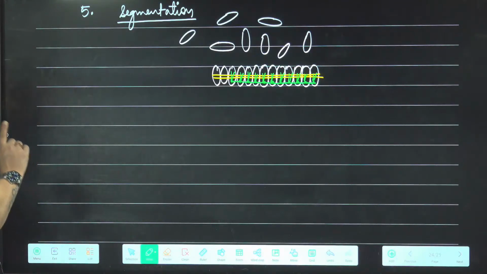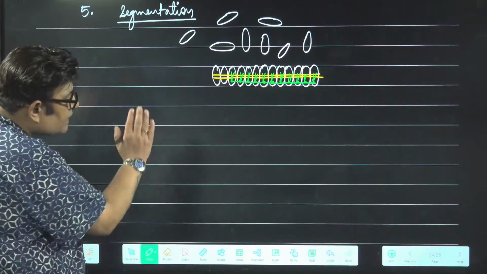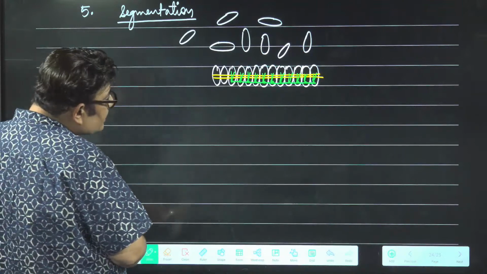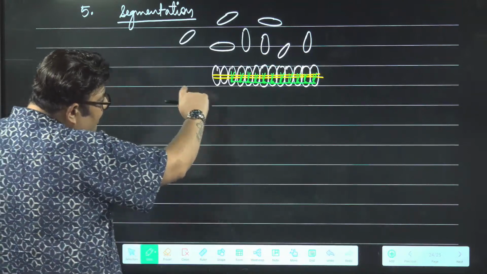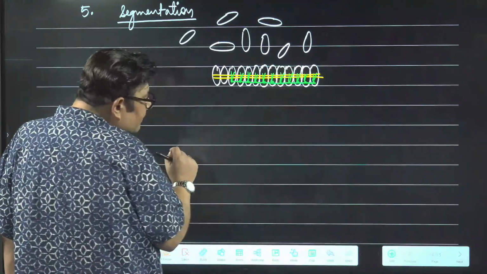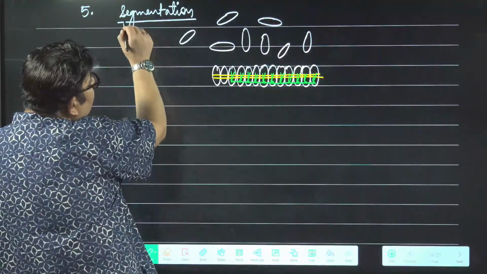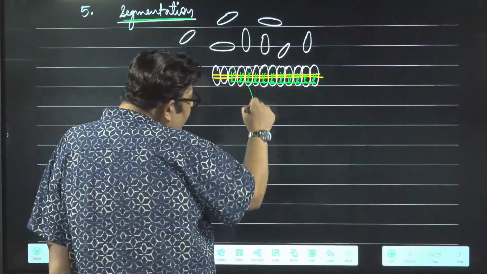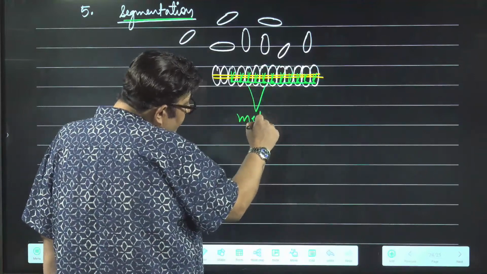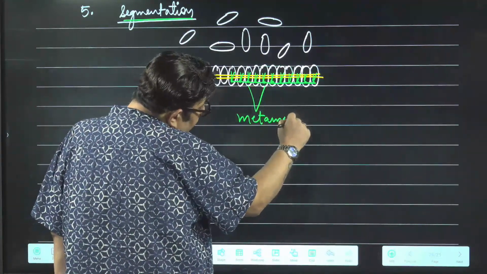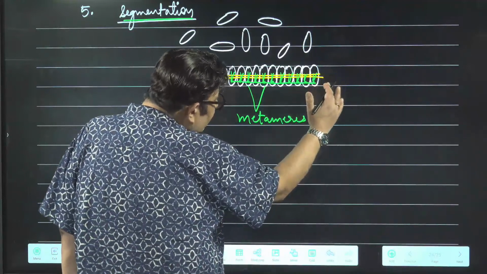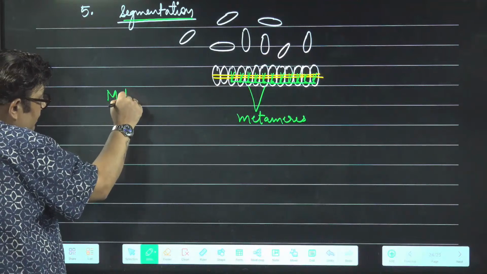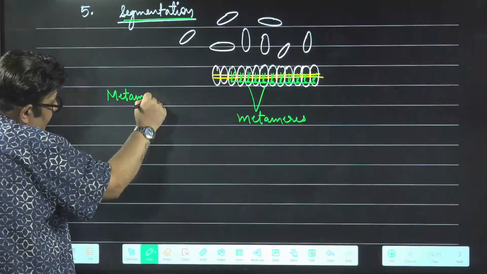Listen to my words very carefully. At least one, more than one definitely, but at least one, then we can say that. And they are segmented outside as well as inside. This is a segmented form. These segments are known as metameres, and this phenomenon is called metamerism.